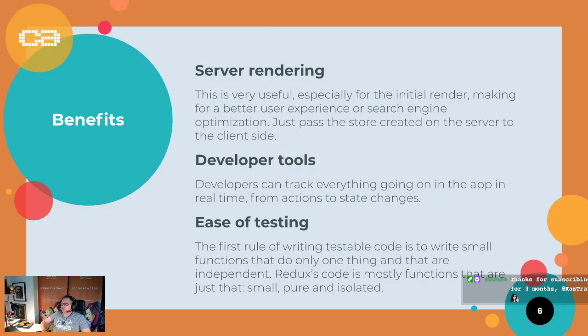Another thing is, of course, server rendering, which is very useful, especially for the initial render of your application, so that you can work with routes and paths, for instance. It allows for search engine optimization, for instance, and so on.